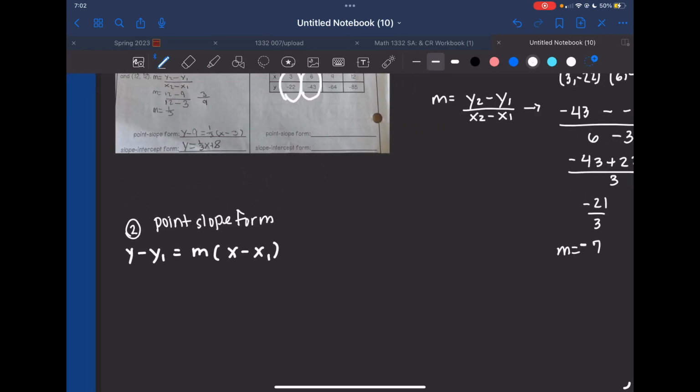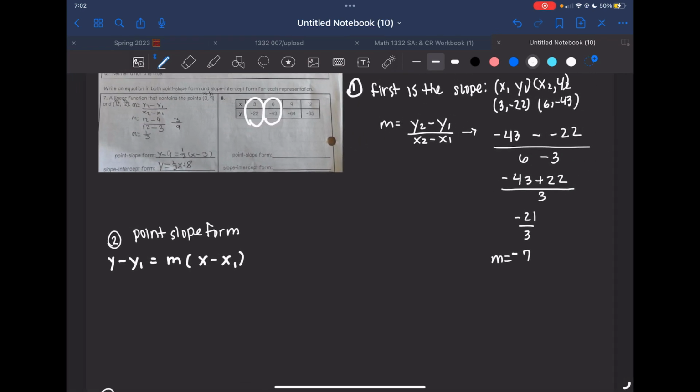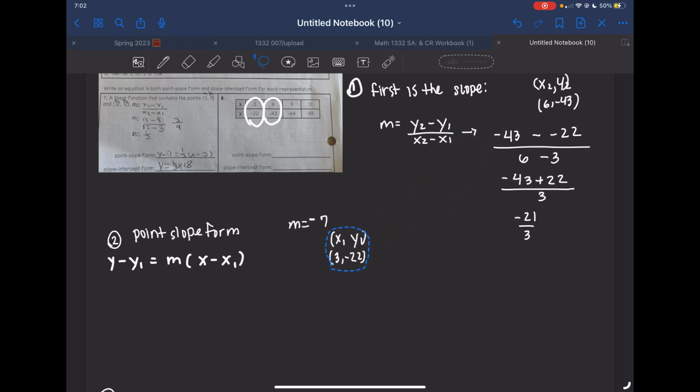Now what I want to use is this slope right here, and I want to use this ordered pair right here, because we already worked with these numbers earlier.